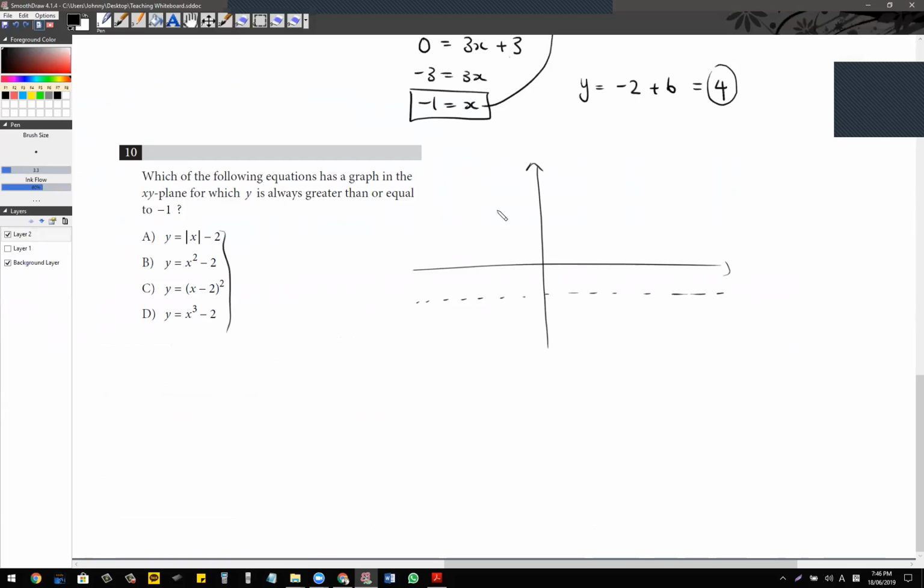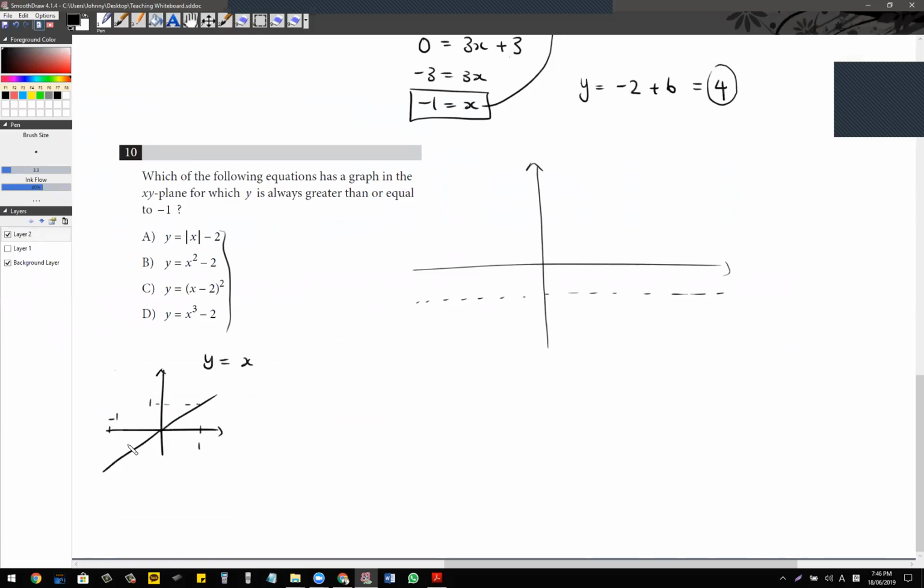So this one here, okay, I'm going to start with this one. If you have y equals x, you know how it looks like this, right? Because the y value is the same as the x value. If you have 1, you get 1 as well.